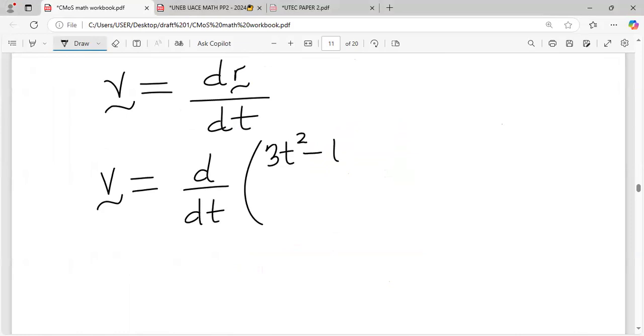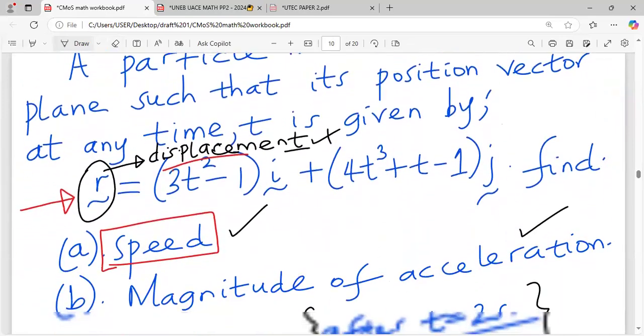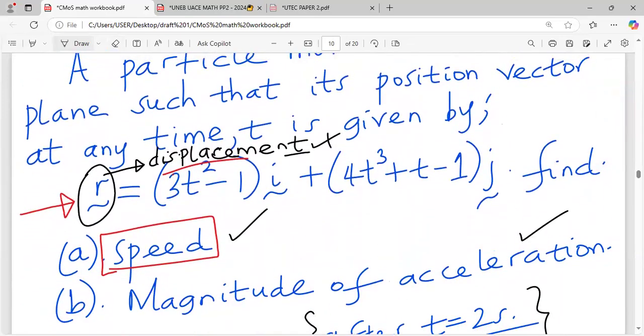Then for the j I have 4t cubed plus t minus 1. Do you see the R? 3t squared minus 1, then 4t cubed plus t minus 1.